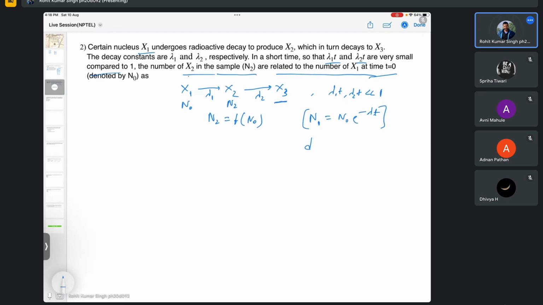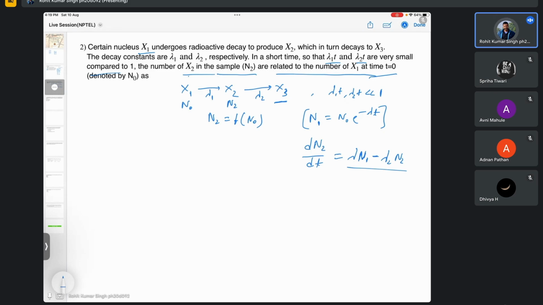And then the rate of change of the number of X2 is given by this formula, minus lambda 2 N2. Now, why do we have two terms here? Because X1 is going to X2 and then X2 is decaying further.